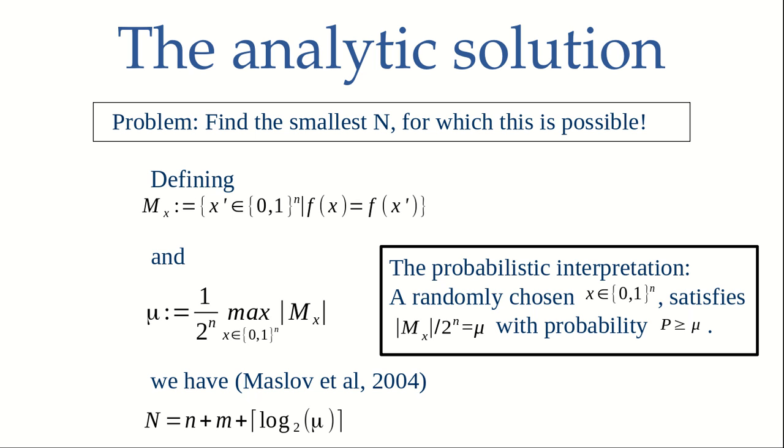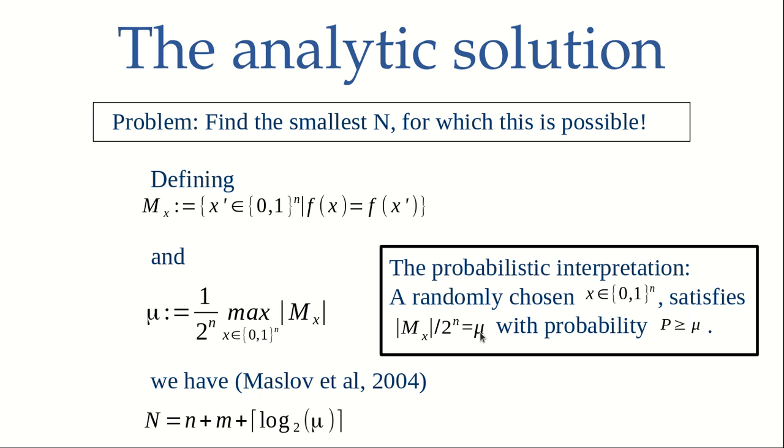So most importantly, this quantity mu can be interpreted as the probability of a randomly chosen input pattern x belonging to a set m of x, so that for this input pattern x, this set m of x is a subset which is maximal, so that it satisfies this property that the proportion of the size of this set among the whole input space is exactly mu.